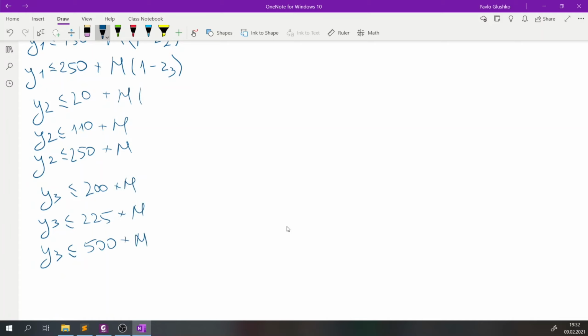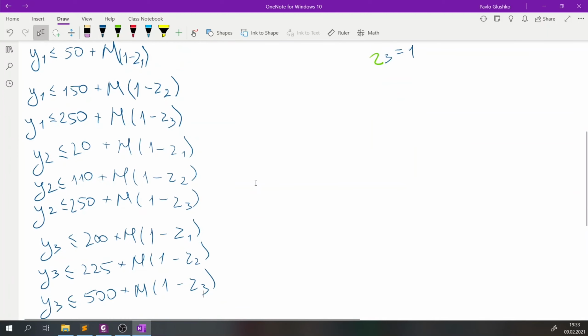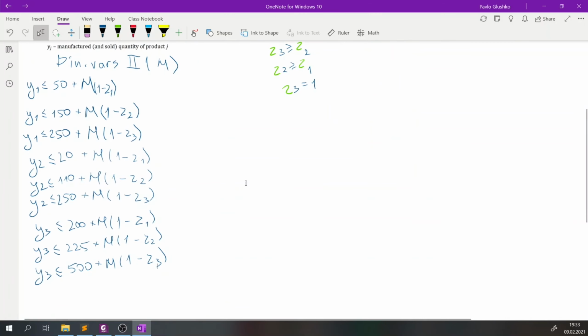And then 1 minus z1, 1 minus z2, 1 minus z3. And here again, 1 minus z1, 1 minus z2. All right, these are quite a lot of demand constraints.